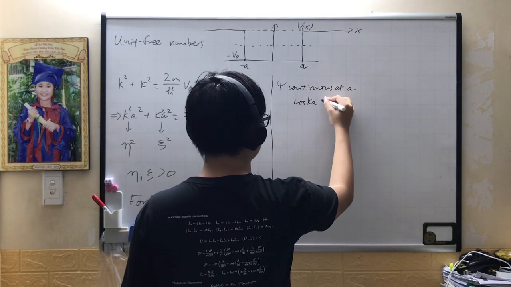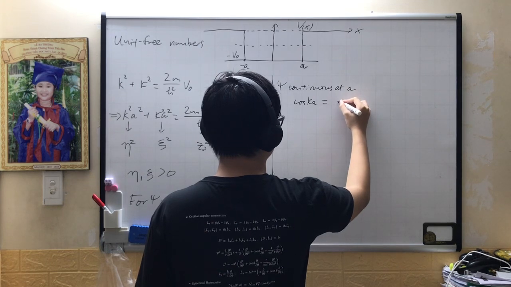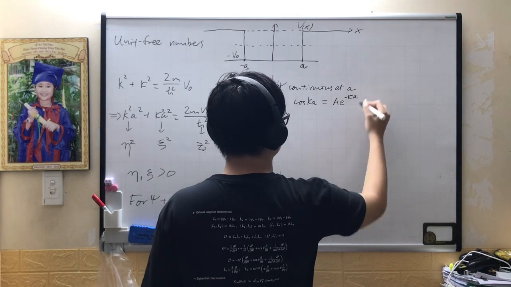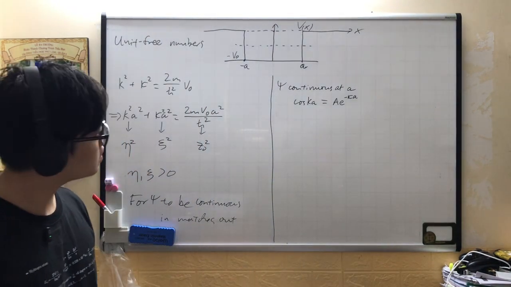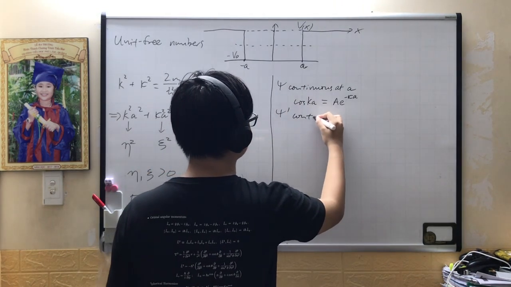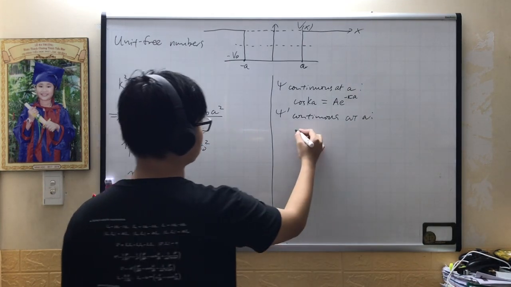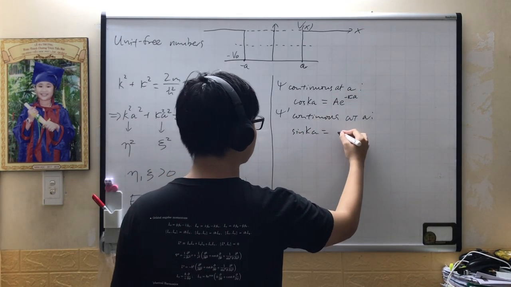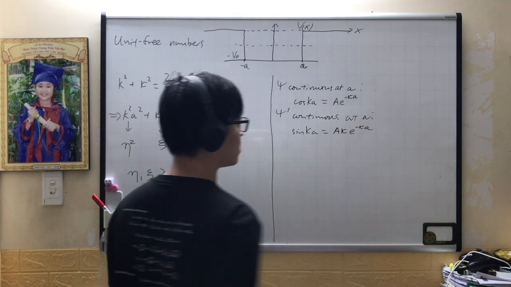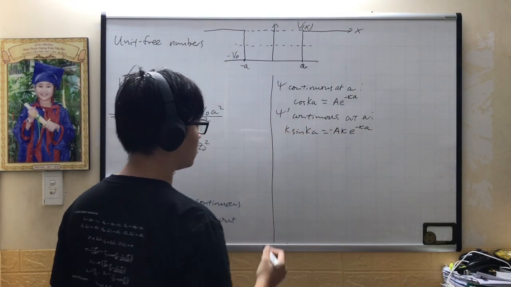Cosine Ka is equal to A e to the minus kappa A. Next is your derivative, and as above, only needed at a. Derivative here, kappa.